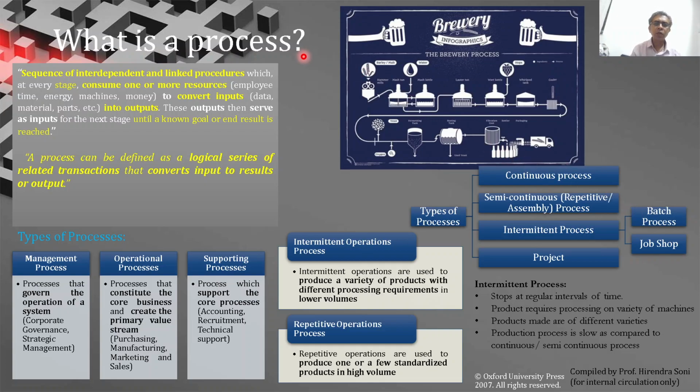A process can be defined as a sequence of interdependent and linked procedures which at every stage consume one or more resources to convert inputs into outputs. When we talk about resources, as we have discussed earlier, we are referring to employees, time, energy, machines, money, and anything which is being used, as two types of resources, transformed and transforming.